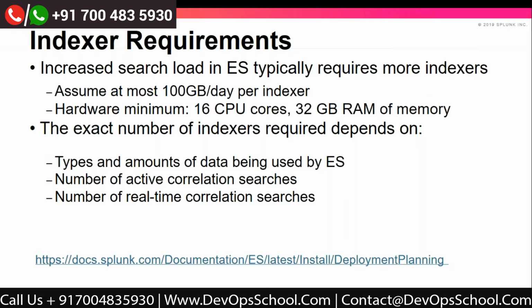The hardware requirement will be a 64-bit OS, 16-core CPU, and 32 GB RAM. So for the search head, performance depends on the number of cores. For the indexer, it depends on the IOPS.